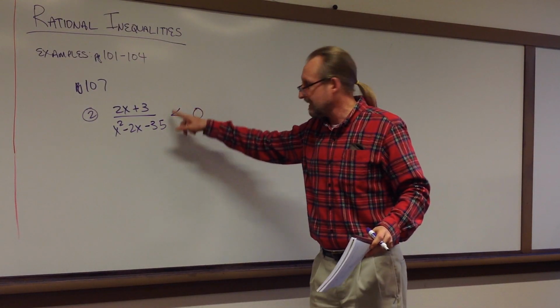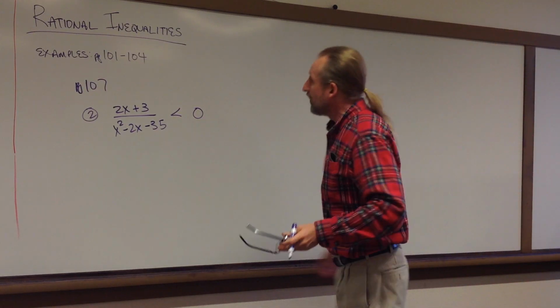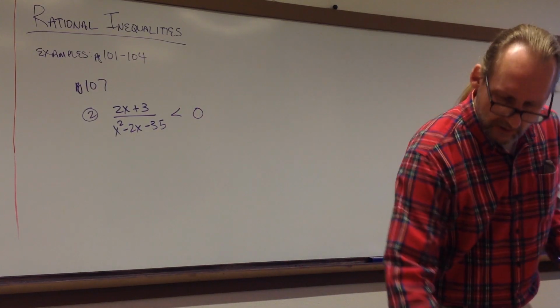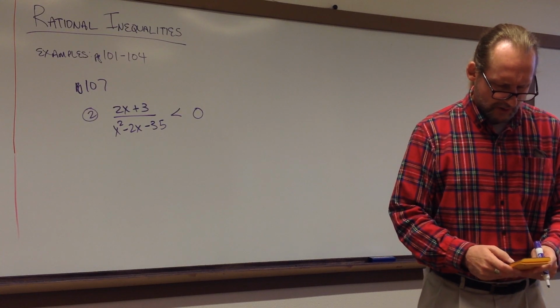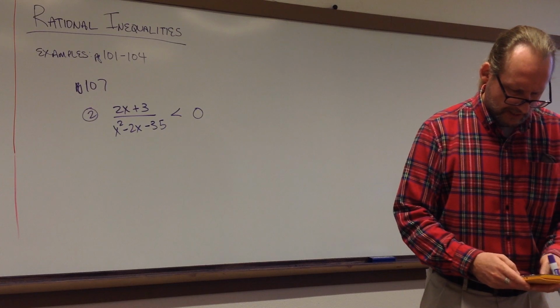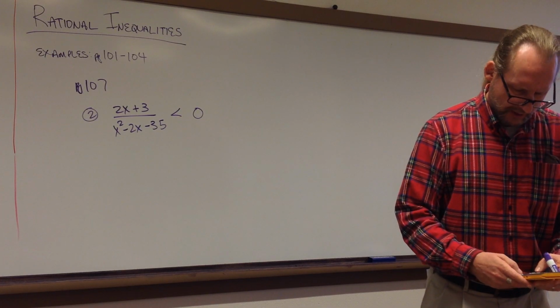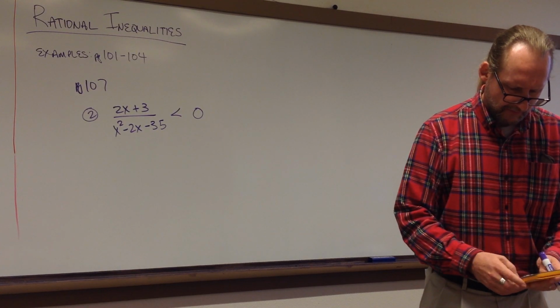And it's important to pay attention to this and to know which one you're working with, whether it's greater than 0 or less than 0. Okay? All right, so let's look at the graph for this one. Let's see here. 2x plus 3 on the top, x squared minus 2x minus 35 on the bottom.